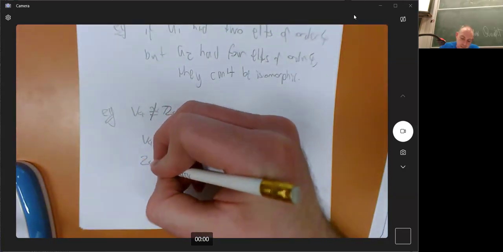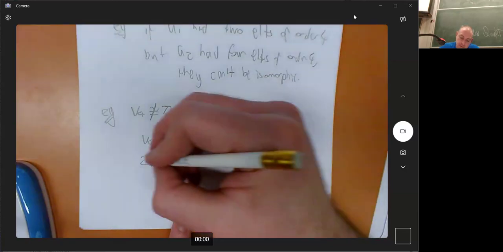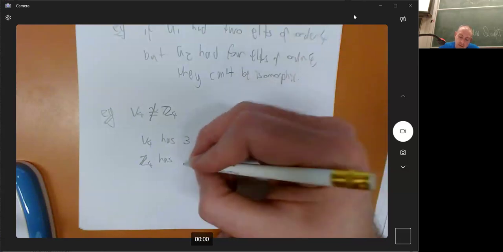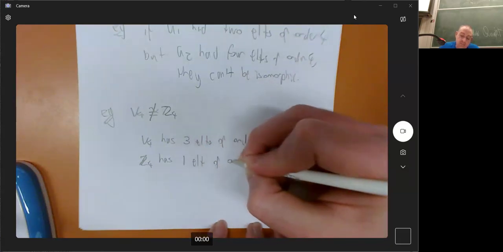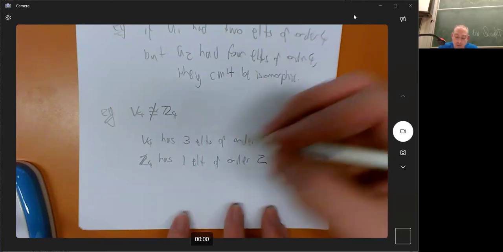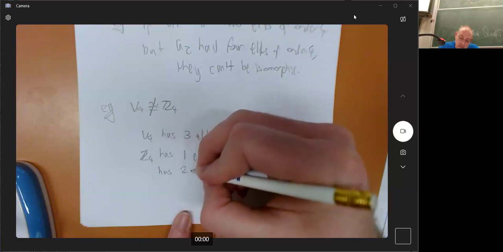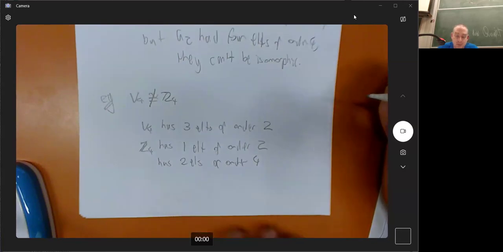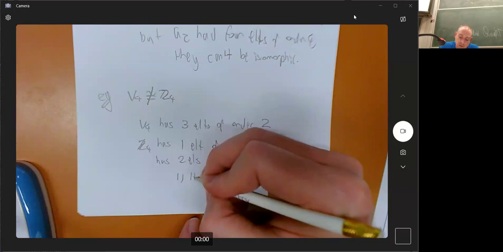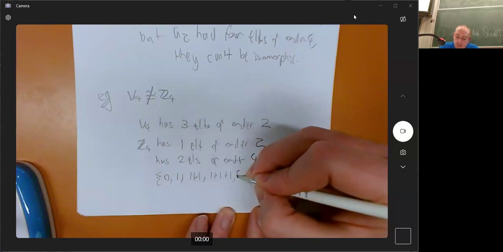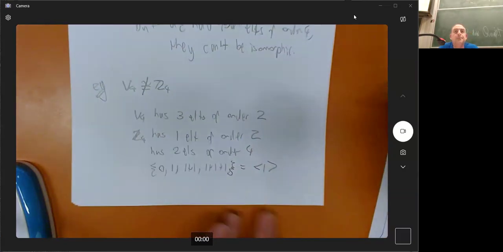But Z4 has only 1 element of order 2, which is 2. But also it has 2 elements of order 4, because 1 and 1 plus 1 and 1 plus 1 plus 1 and 0, that's the span of 1.